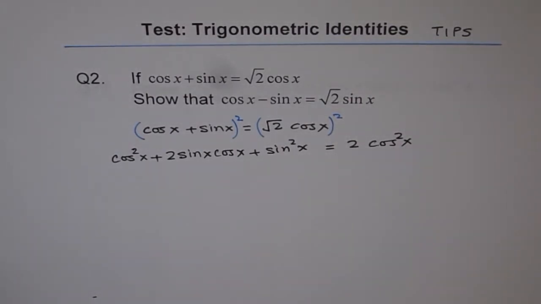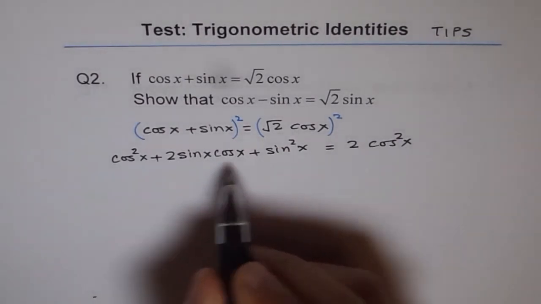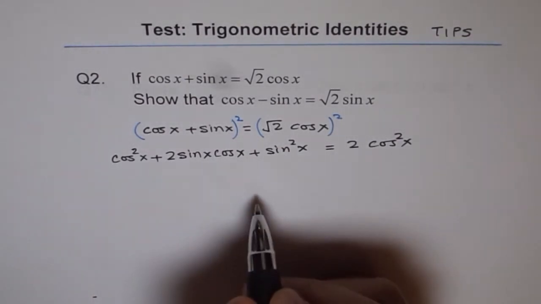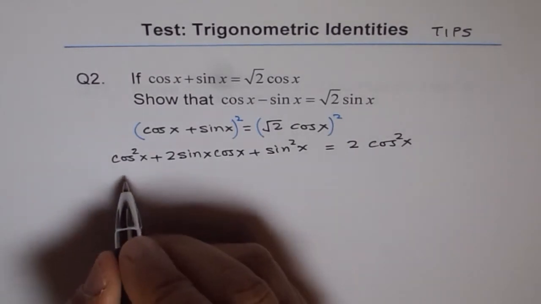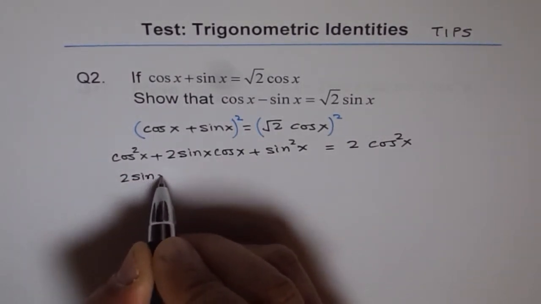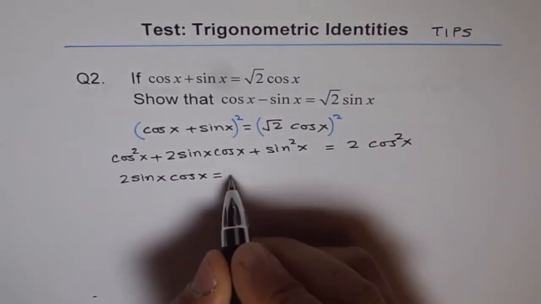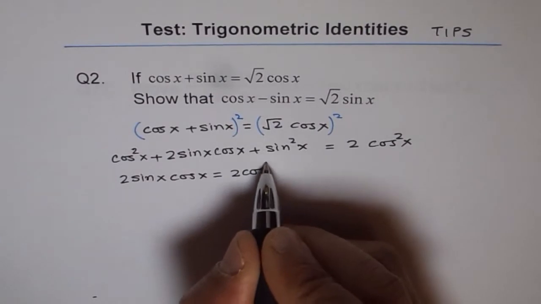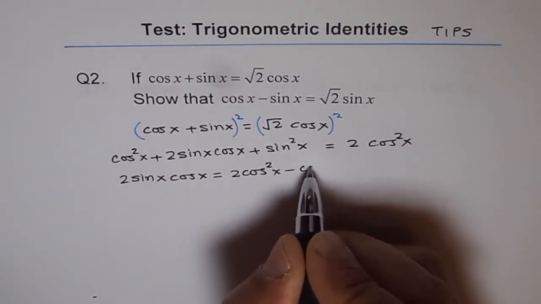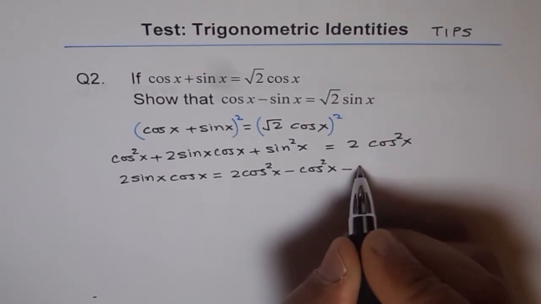Now let's bring the terms together on one side. Let's bring all these terms to the right side, for example. So we get 2 sin x cos x equals 2 cos square x minus cos square x minus sin square x.